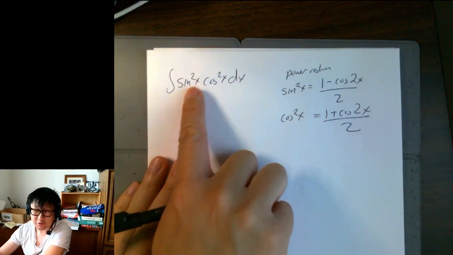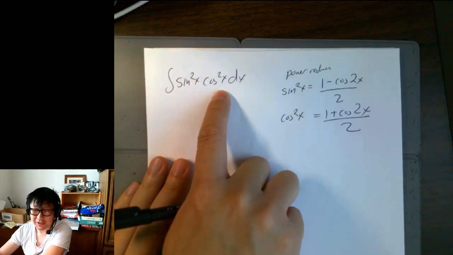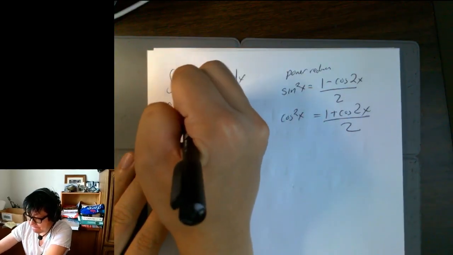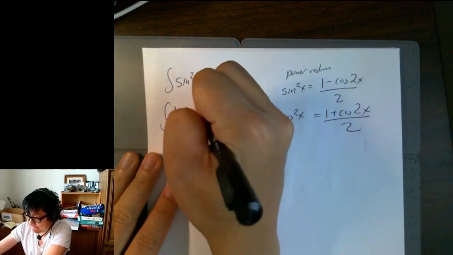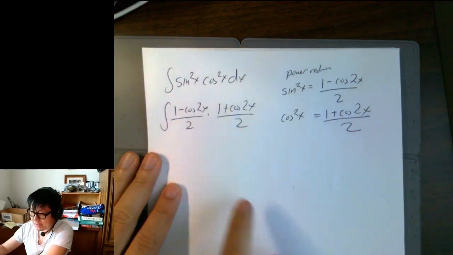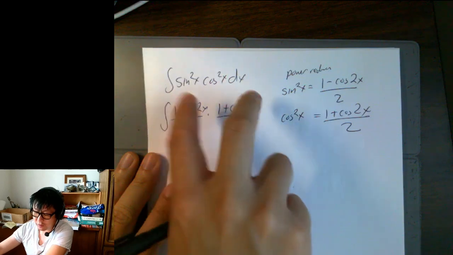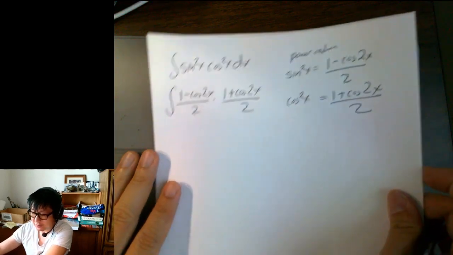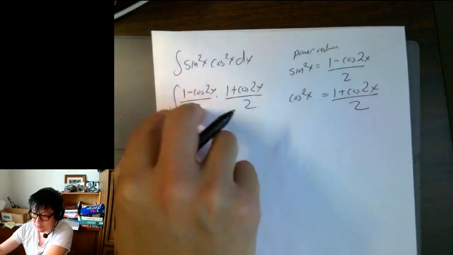Converting either sine squared to cosine squared or cosine squared to sine squared isn't really going to help. This is a difference of squares, so I can multiply that as 1 squared minus cosine 2x squared and bring out the 2's.